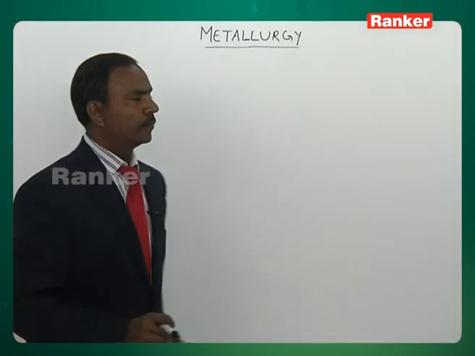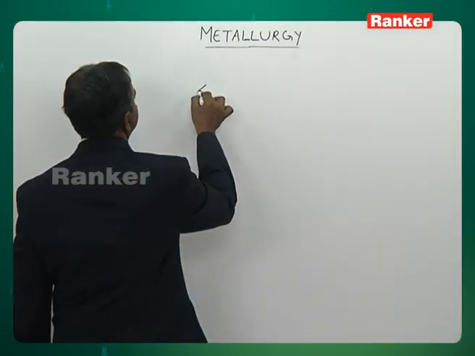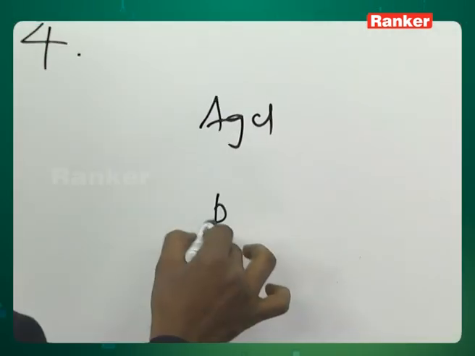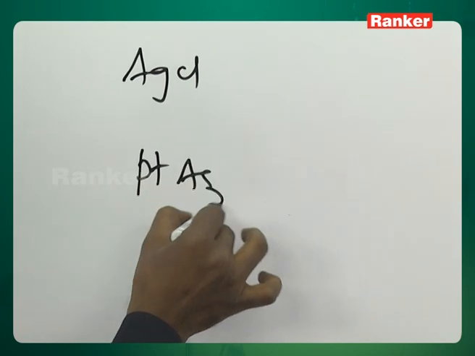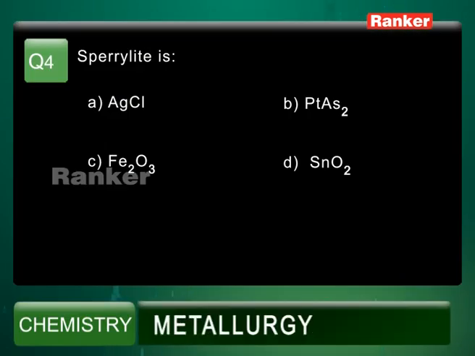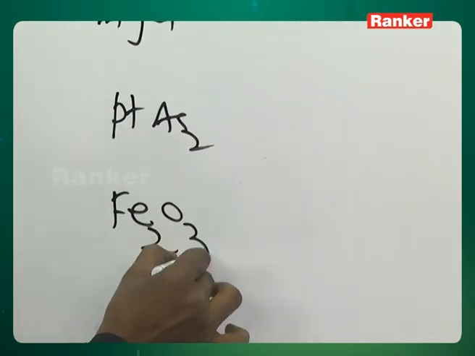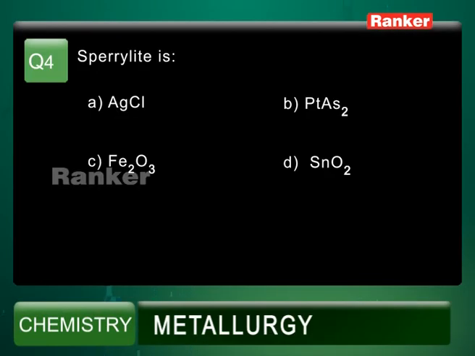Question number 4, sperrylite is: A. AgCl, B. PtAs2, C. Fe2O3, D. SnO2.